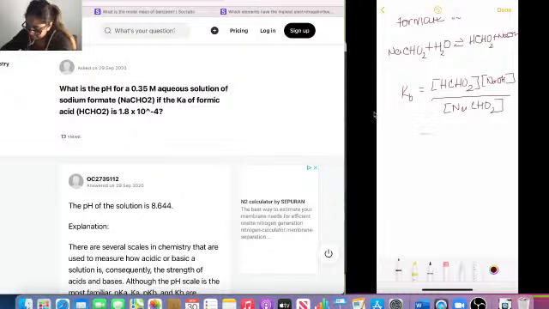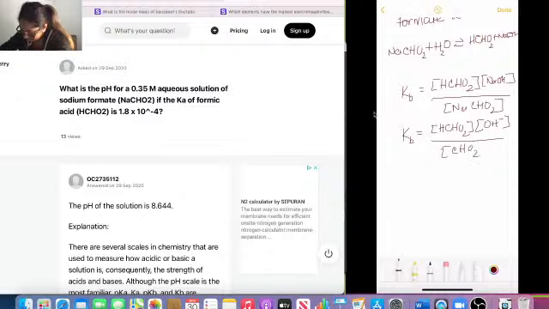But remember, when you're writing out your Kb expression, you can't really have metals; it has to be your actual bases, the ions that are completely dissociated. So we can rewrite this with OH negative and CHO2 negative. Okay, this is your Kb expression.